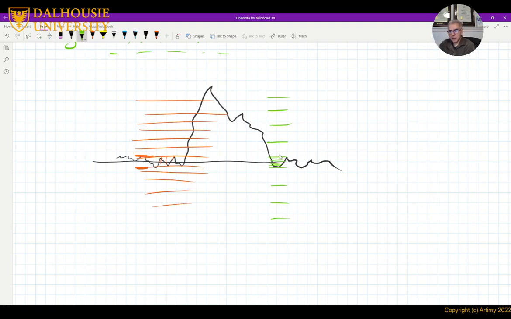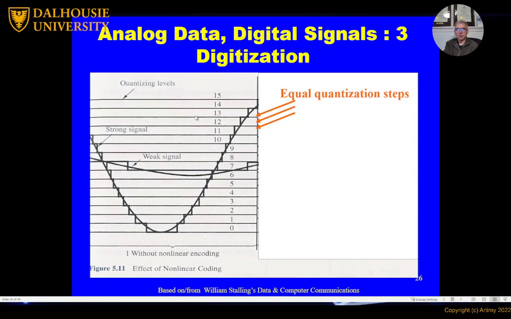So here I increase my resolution so I can represent these minor or small changes near the zero level and decrease my resolution everywhere else. This gives a better representation of some of the signals that don't change the same way at all levels, right? So that's what we mean by nonlinear quantization or nonlinear encoding.